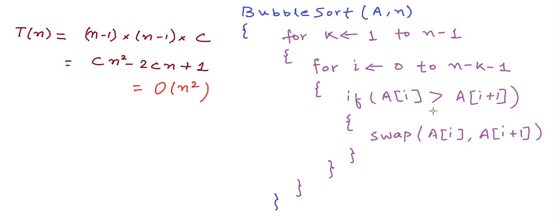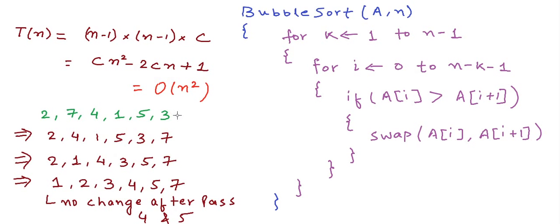We can do something else to improve this algorithm further. If you remember the example that we had picked up, it was sorted after 3 passes only, and the 4th and 5th pass were redundant. If the list is already sorted, there would be no swaps. So if we go through a pass without swapping anything, then definitely at that stage the list is already sorted.